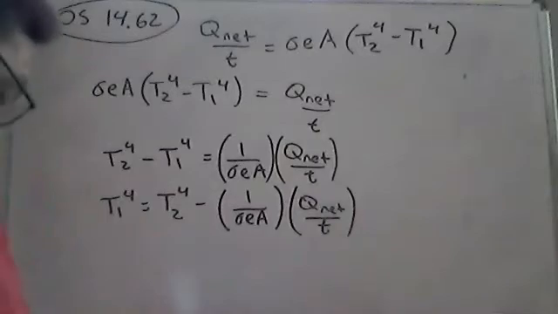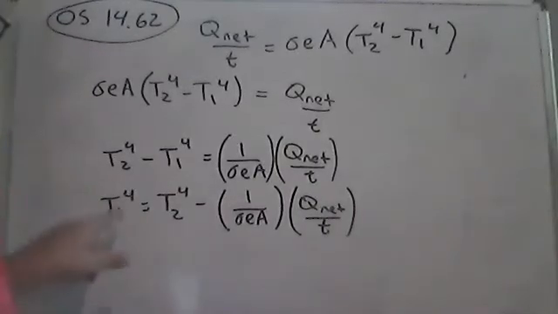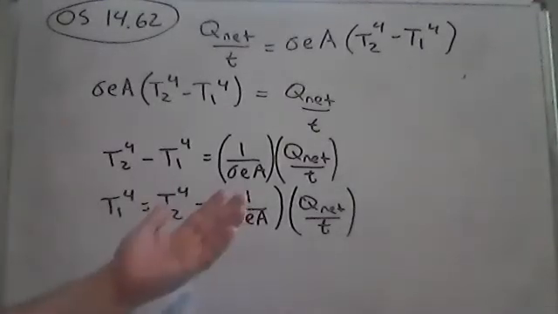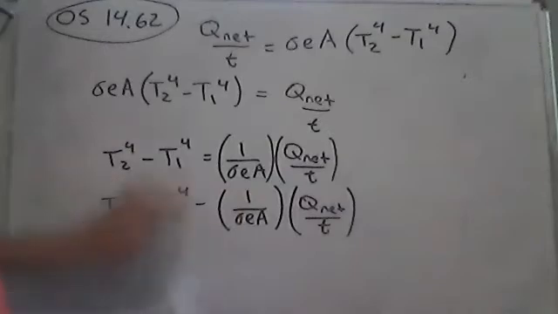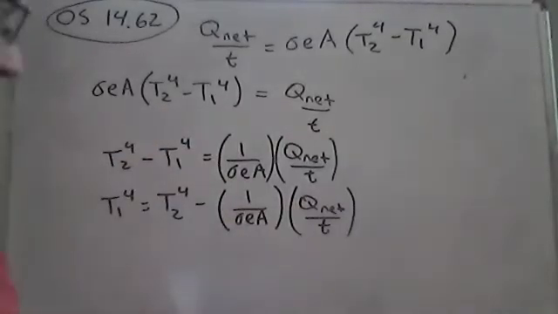Then all that's left to do at this point is take the 4th root. Remember, I have this equation. The left-hand side is T1 to the 4th. I want to get T1, so I take the 4th root of each side. 4th root of the left side gives me T1, and the 4th root of the entire right side.